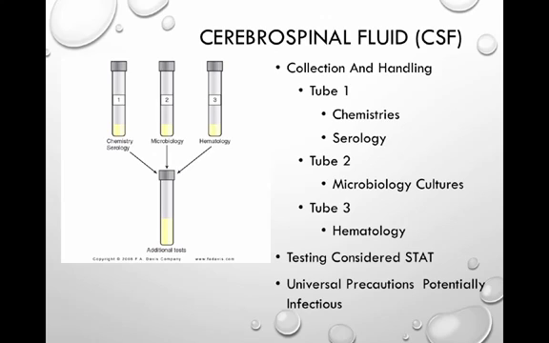Usually 3 tubes are collected, but sometimes we'll see a 4th tube. The first tube typically goes to chemistries and serology, second tube, microbiology, third tube, hematology. If there is a fourth tube, usually the first tube is set aside. Number 2 then becomes number 1, number 3 becomes number 2, and so forth.